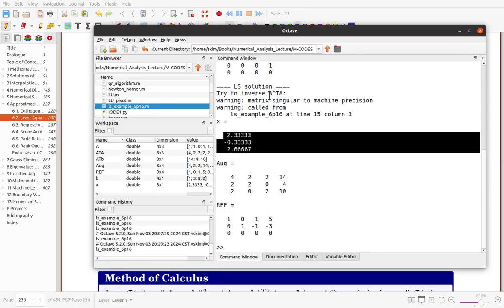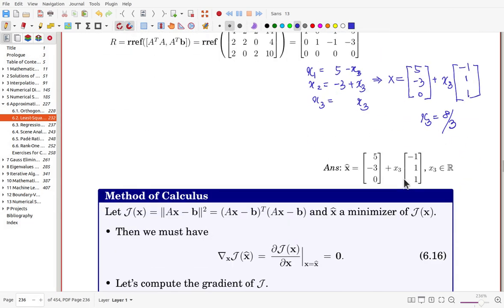Now, the matrix is not invertible, and for every computation you cannot expect this. Once it is not invertible, you cannot get a solution in most cases. But for this one, somehow it produces a solution.